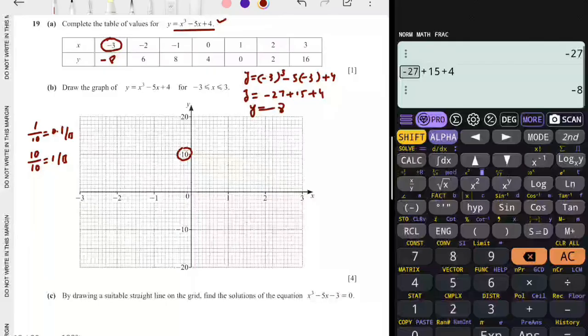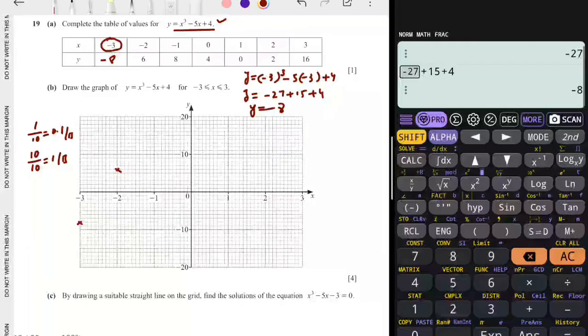Now we'll plot values. Against minus 3 we have to mark minus 8, so it would be here. Now against minus 2, 6, 1, 2, 3, 4, 5 and 6, it would be here.